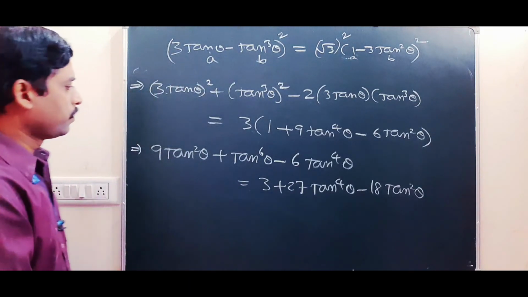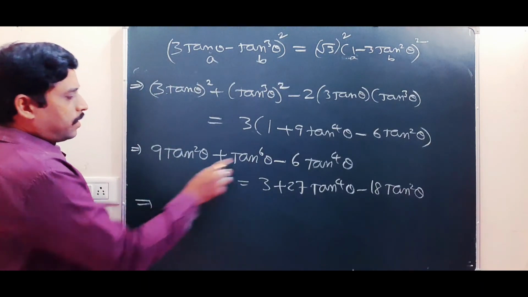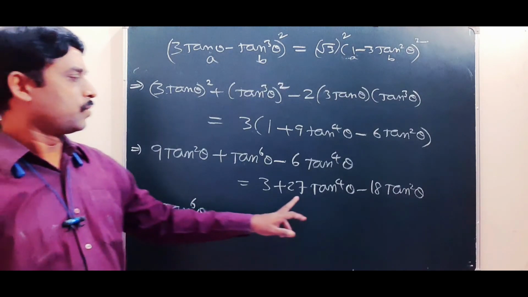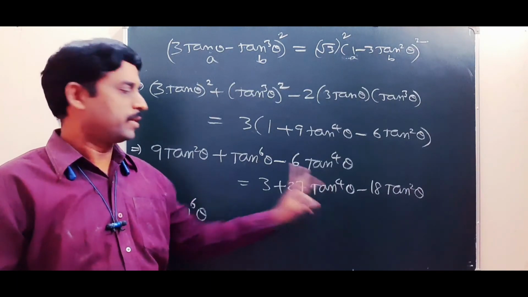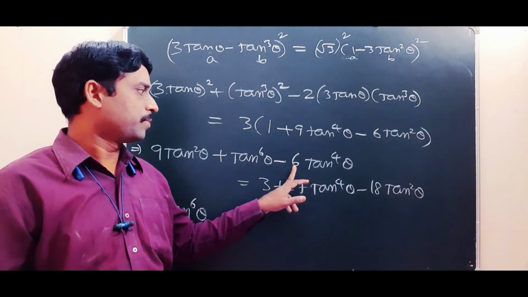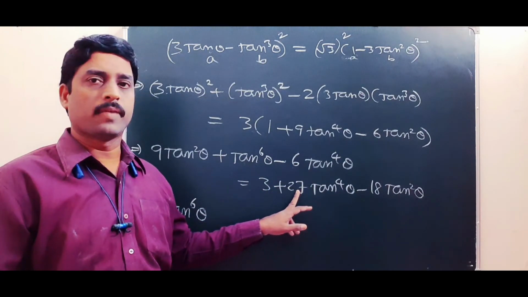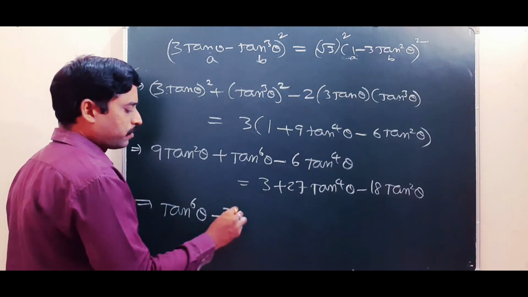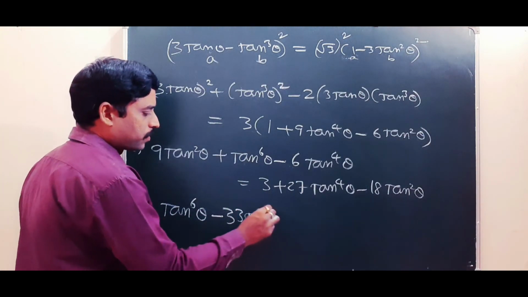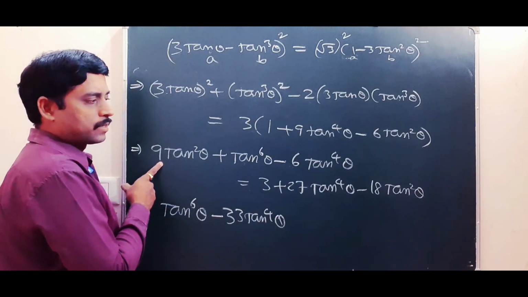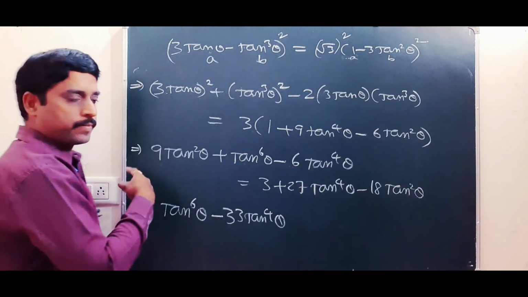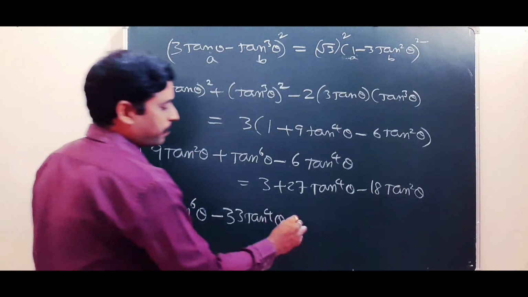Okay, first write tan to the power 6 theta. So 27 tan to the power 4 theta, bring to the left side, already minus 6 tan to the power 4 theta, so minus 6 minus 27 is minus 33 tan to the power 4 theta. So 9 tan square theta, and on the right side minus 18 tan square theta, bring to the left side: 9 plus 18, 27 tan square theta.